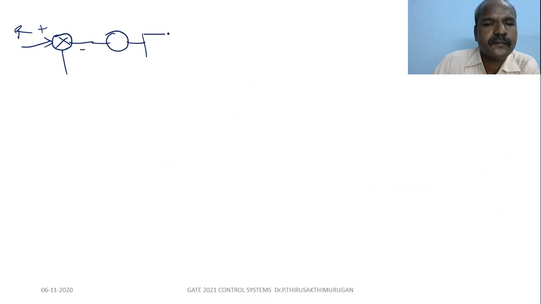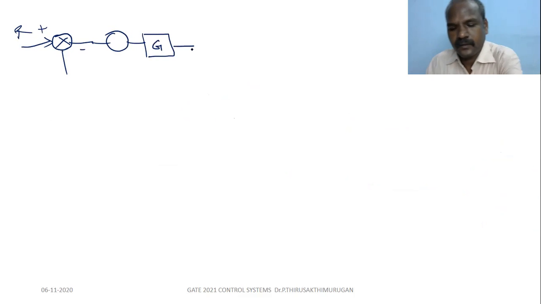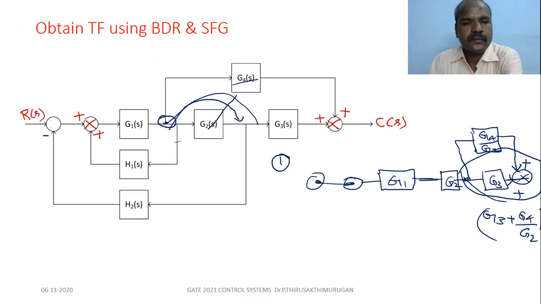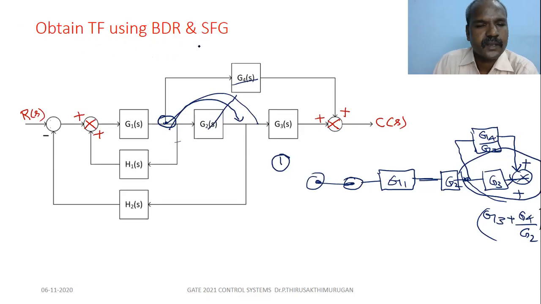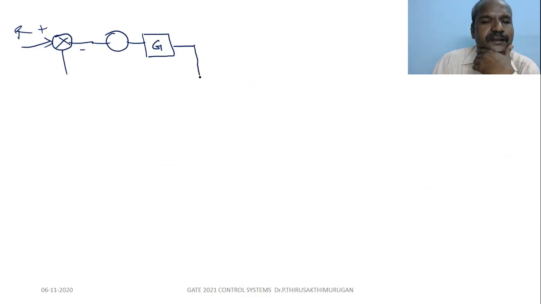So we draw: R, plus minus, here G1, and across G1 there is a feedback path H1.